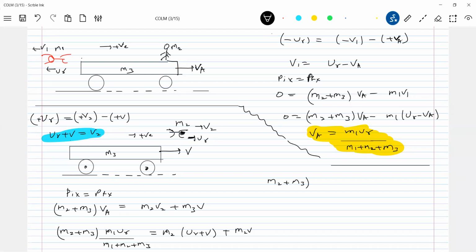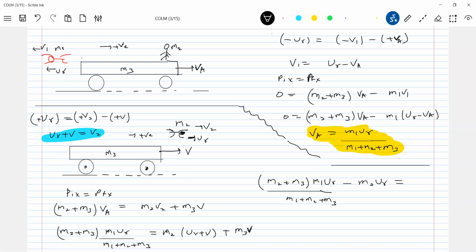M2 plus M3 into M1 UR, whole divided by M1 plus M2 plus M3, minus M2 UR, I'll bring it.